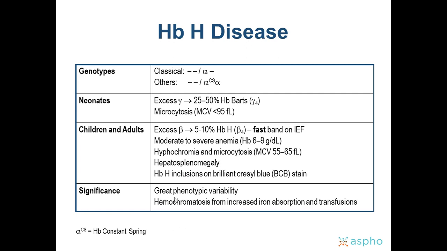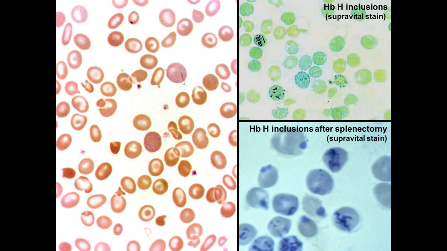Significance then is that, especially the classical form, there's great phenotypic variability. It's oftentimes quite mild, and it might surprise you if you're unprepared to think about this. And then hemochromatosis from increased iron absorption and any transfusions you might get. So you can see just a poorly reproduced image of increased anisopoikilocytosis.